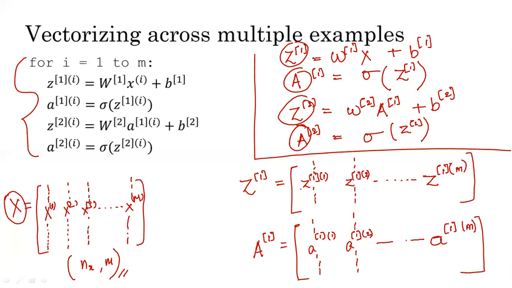Similarly, for each corresponding training example, we have z11, z12 and that goes up to z1m. And stacking up all those column wise, we have this capital notation as Z1 and A1. Okay, so I hope this much is clear over to you.